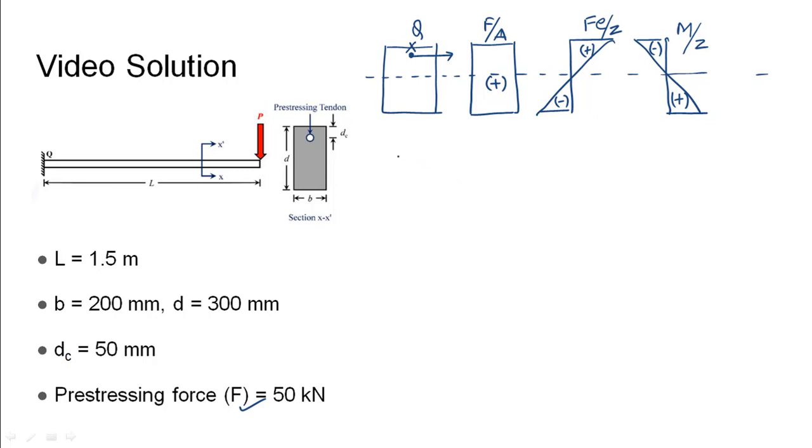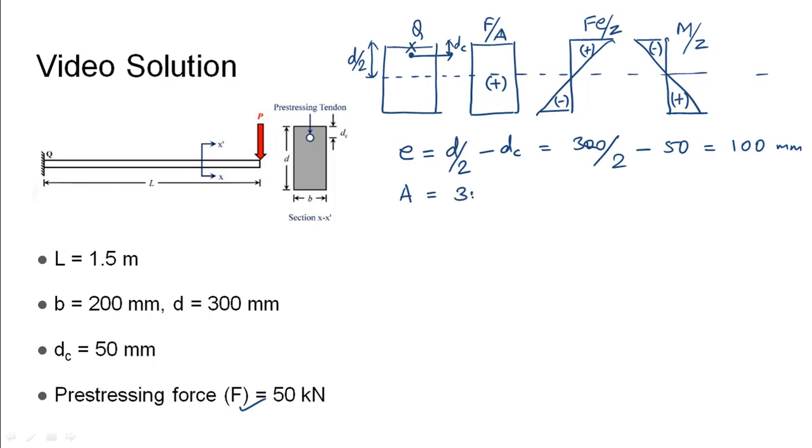So firstly we need the eccentricity value. So E will be nothing but D over 2, which is this half of the cross section, minus this small value DC. So D over 2 is 300 by 2 minus 50, which would give eccentricity as 100 mm. The second thing we would need is the area, which is 300 into 200.